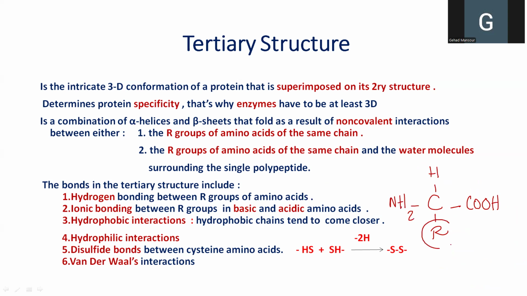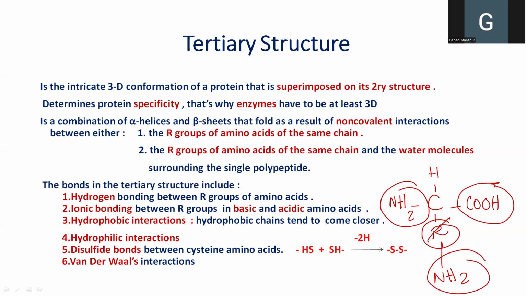So if this R group is a side chain that contains NH2, because every amino acid has a different R group, we have one acidic group that releases a proton, the carboxylic group, and we have 2 basic groups. Of course, this is a basic amino acid because it has 2 basic and 1 acidic. So it has more basic than acidic.